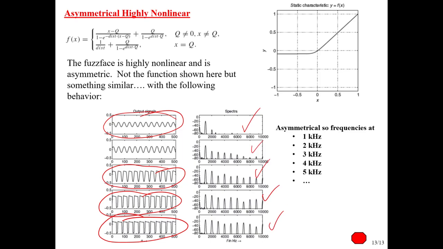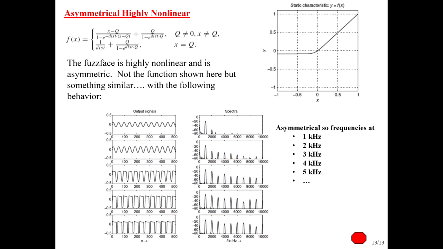This is just a spectrum of that, and all the way down to a spectrum of that. But this is asymmetrical, and we get all of our harmonics: 1, 2, 3, 4, 5, and so on. By the way, even symmetry would give just the even multiples of the fundamental. Those aren't typically used for distortion because we want our signal to go positive and negative.